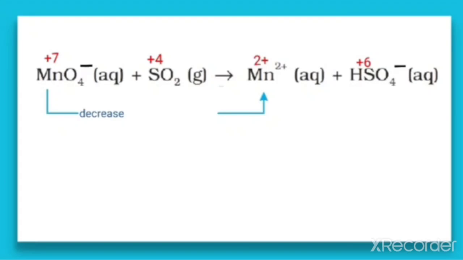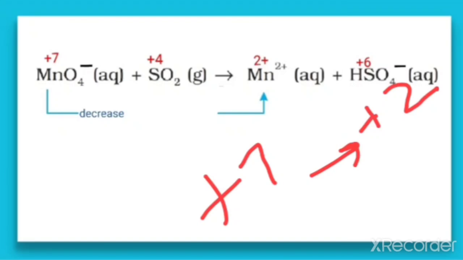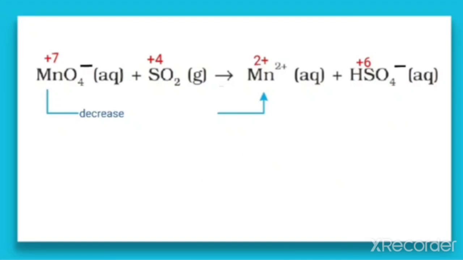Now in this step you have to identify how much it is decreasing per atom. The +7 value decreases to +2, so it is decreasing by 5 per atom, because there is only a single atom on the right hand side and the left hand side.